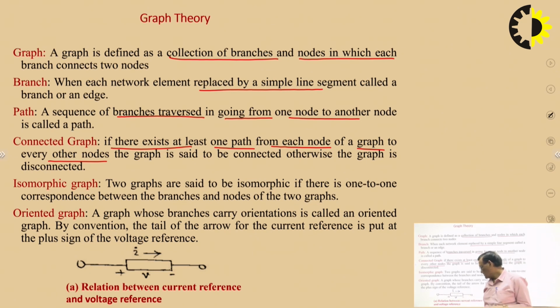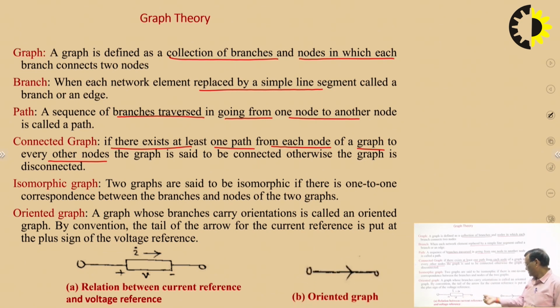Suppose this is an element, and current is leaving the plus and entering the minus. This is the element of a network, and this is the element of a graph. The element in the network is represented by this element in the graph. This is the oriented graph. This segment has orientation, decided on the basis of the direction of the current in that branch.